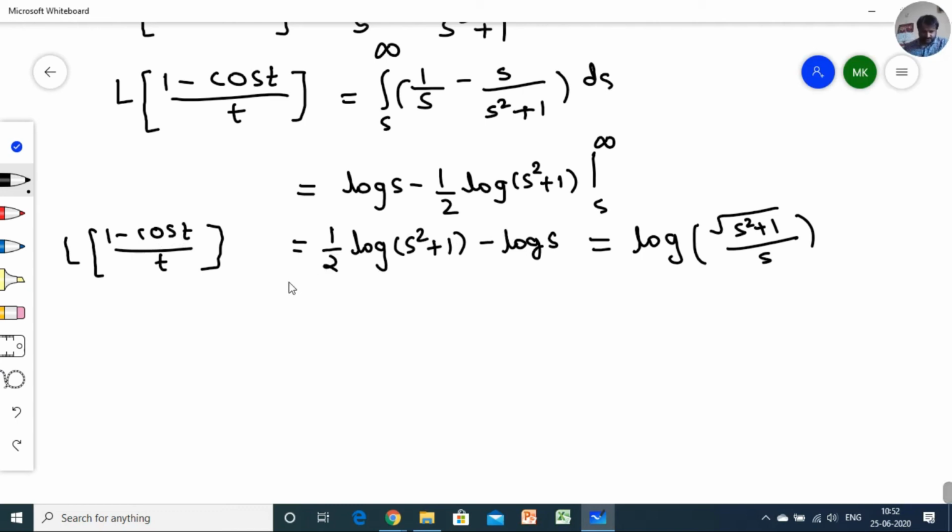It was clearly mentioned: Laplace of f dash of t is equal to s into Laplace of f of t minus f of 0, where my f of t is 1 minus cos of t by t. Please remember this thing, 1 minus cos t by t. So we have to use 1 minus cos t, I am just writing this part f of t.